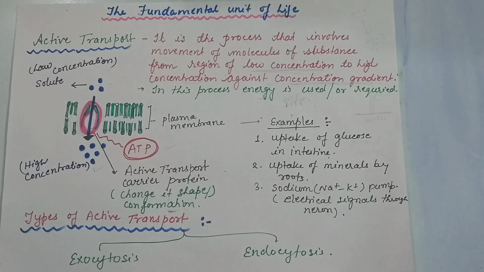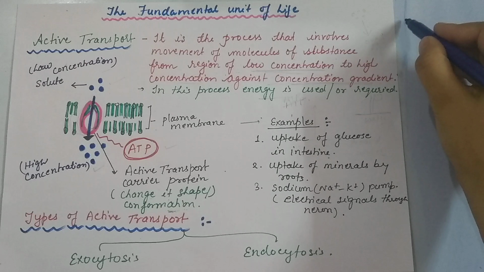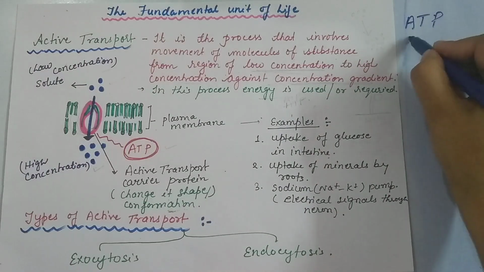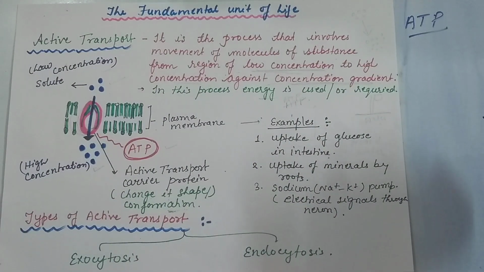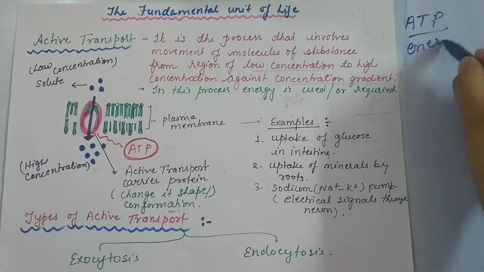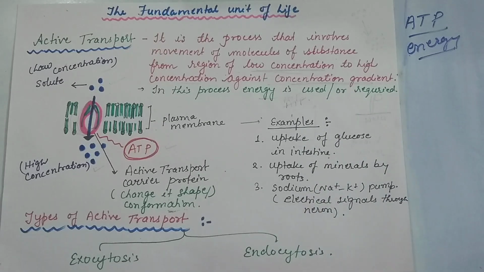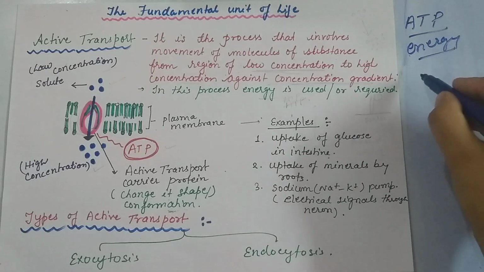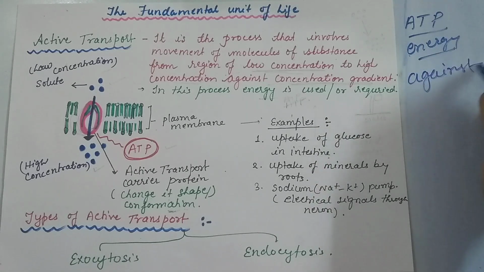Basically, there are two or three things we have to keep in mind. Active transport is an ATP-required process, so it requires ATP or energy for this transport. And the second thing to keep in mind is that the process is against the concentration gradient.